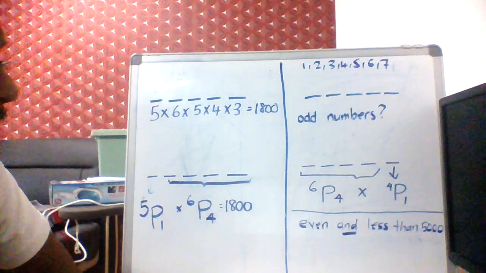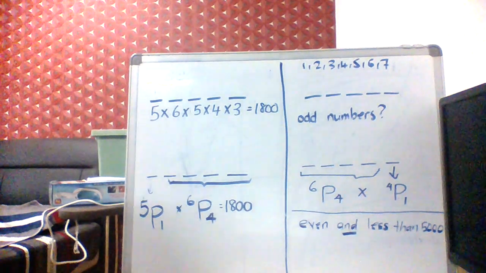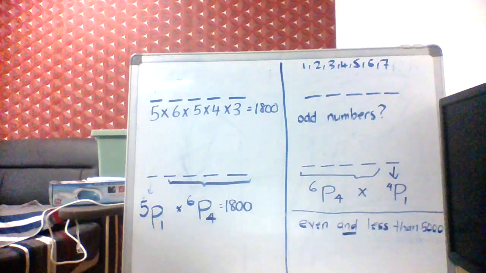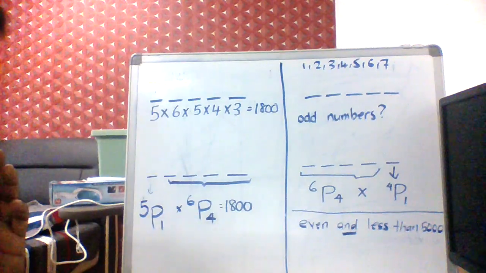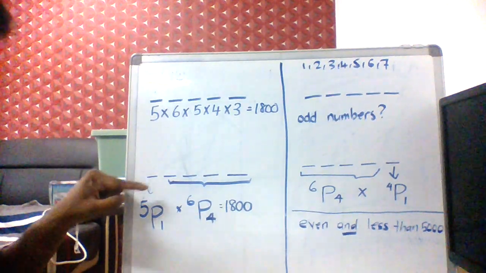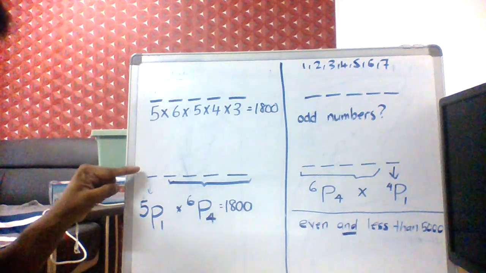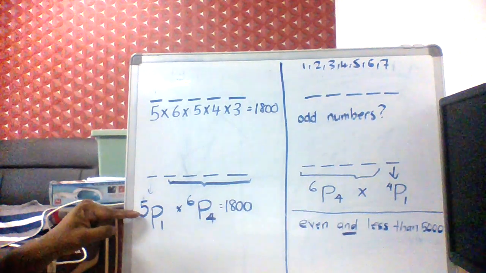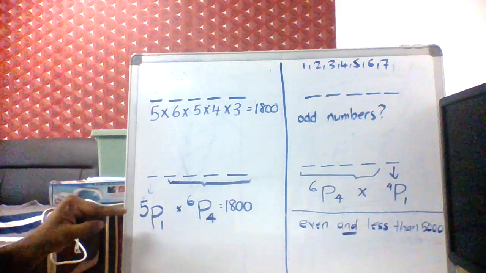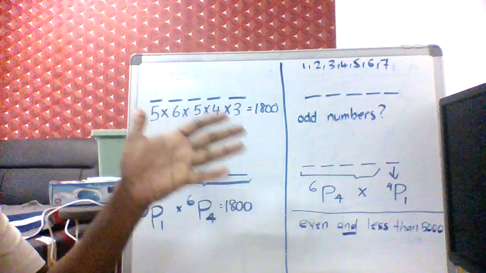Now, alternative method. Now, listen very carefully. This is supposed to be very easy. Just think. The option that you have for a digit here, you can pick 1 from 5. When I say 5, it is from 3, 4, 5, 6, and 7.